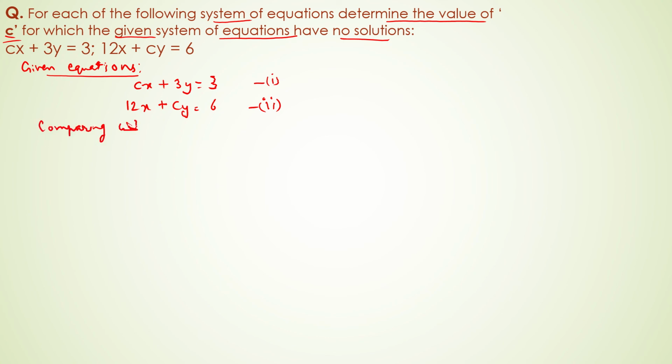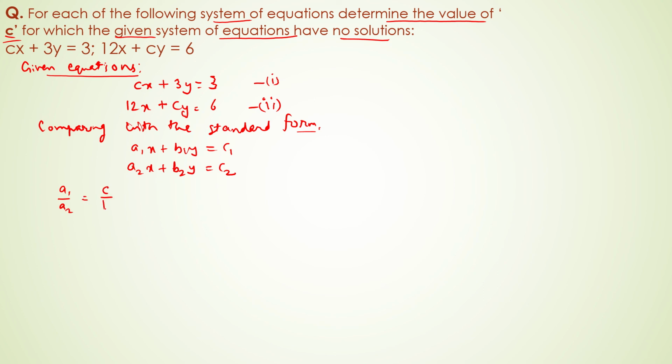So, comparing with the standard form, that means a1x plus b1y equals c1 and a2x plus b2y equals c2, we get a1 by a2 as c by 12, b1 by b2 is 3 by c and c1 by c2 is 3 by 6.